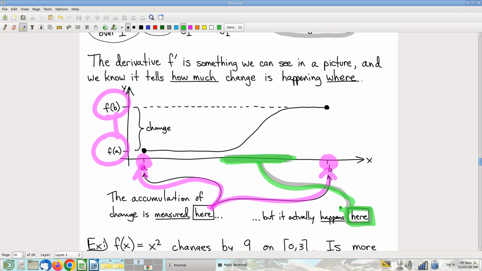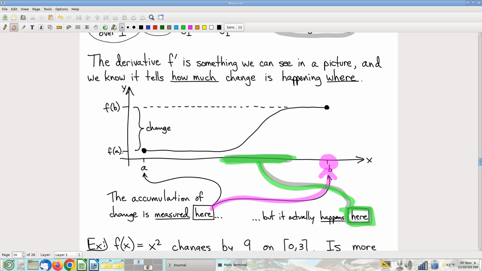We measure circulation by doing a line integral on the boundary. That's where we detect it, just like we measure change on the boundary here. But in the same way that change actually happens in the interior, the integrand f prime, the change density, tells us that that's where the change is happening. Likewise, with Green's theorem, circulation, measured though it is on the boundary, actually happens in the interior, just like change happens in the interior.